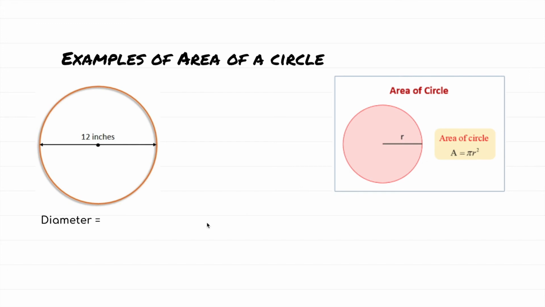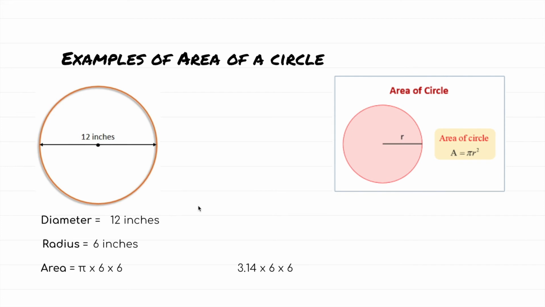So for this problem, it shows that the diameter is 12 inches, since the line is going from one side of the circle to the other side. So the diameter is 12 inches, and the radius is going to be half the diameter. So 12 divided by 2 is 6 inches. So you don't want to forget the units in this either.